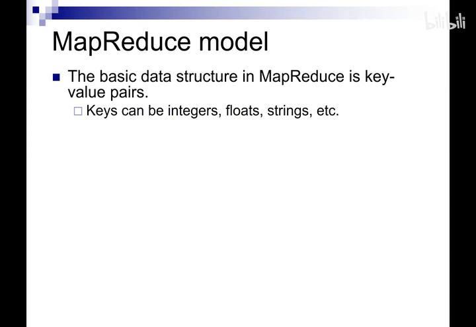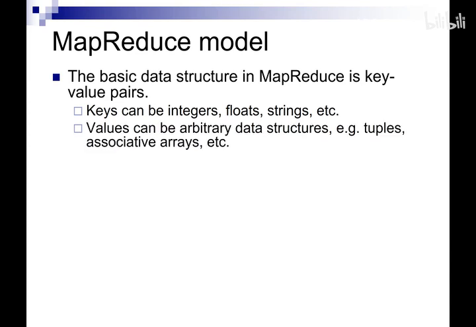The key can also be an integer, for example some sort of ID for the person, so you can refer to the person through his ID instead of his name. And then the values can be arbitrary. They're just some sort of information that we're trying to keep track of. They can be tuples. If we're talking about a person's information, we can have his age, his address, and other types of information.